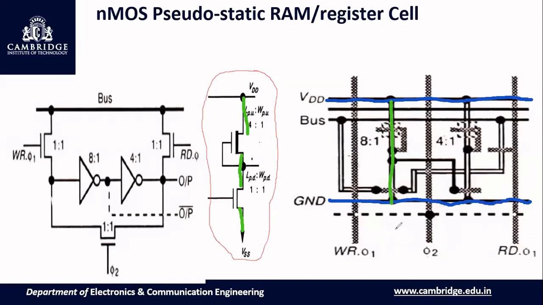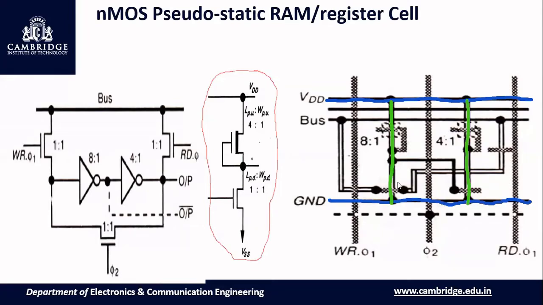I'll draw the diffusion path between VDD and VSS. For diffusion we'll use N plus diffusion. The color of N plus diffusion is green. That is drawn here, right?